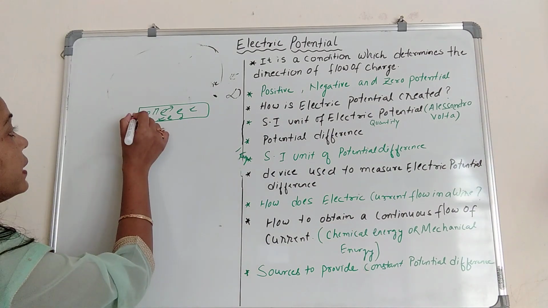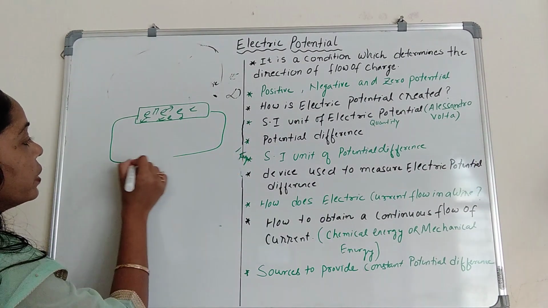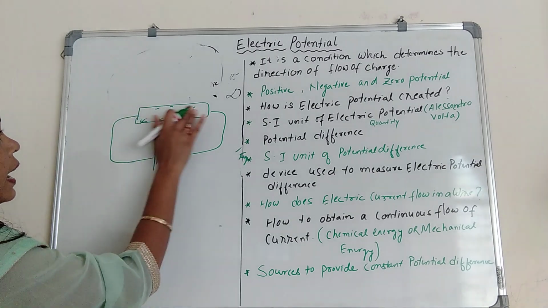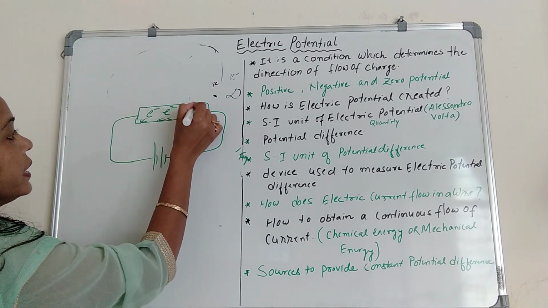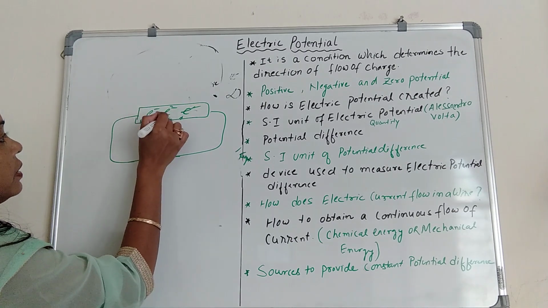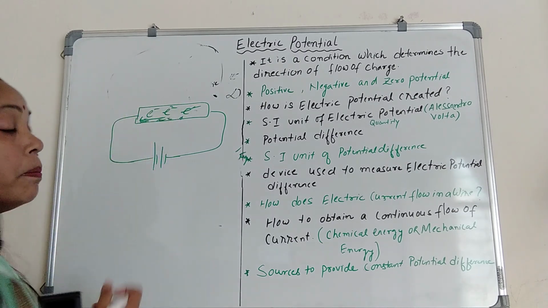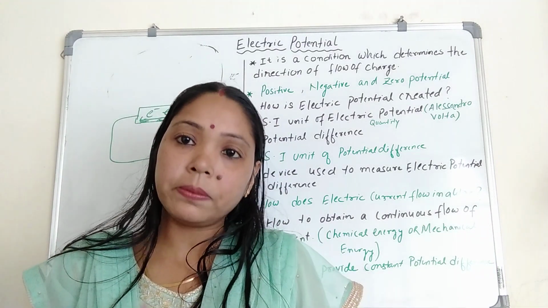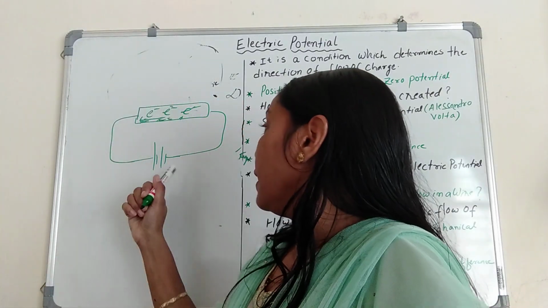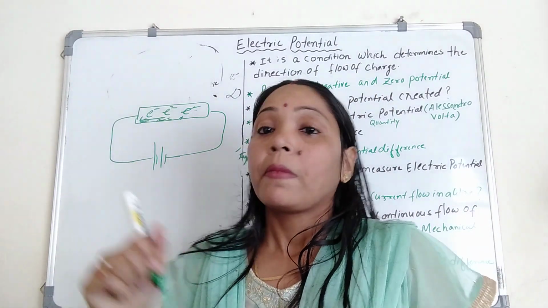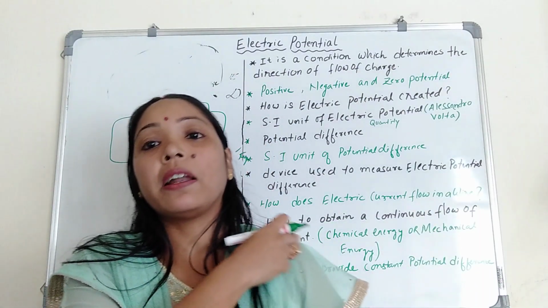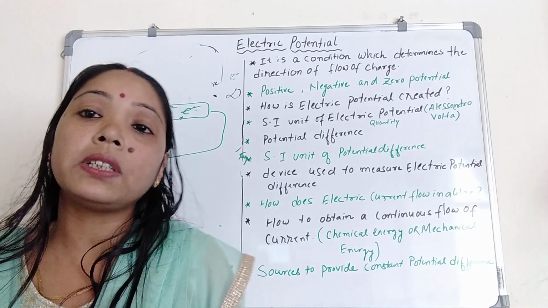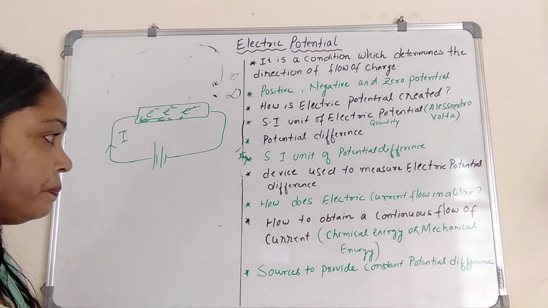But once you connect it to a source, that is a battery or cell, they come into alignment and start to move towards the positive terminal of the battery. As they move towards the positive terminal, the current flows from the positive to the negative terminal of the battery, because the conventional direction of current is opposite to the flow of electrons.